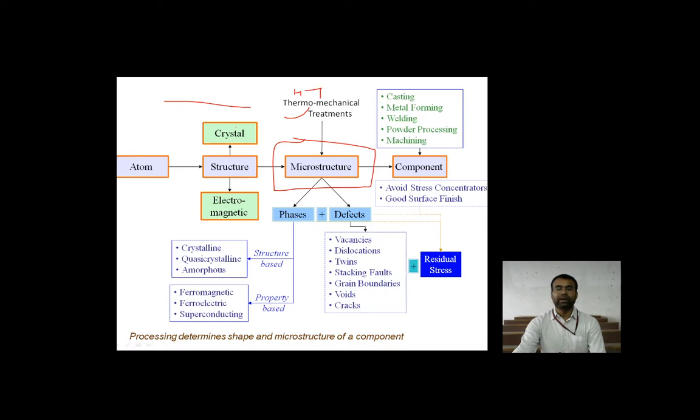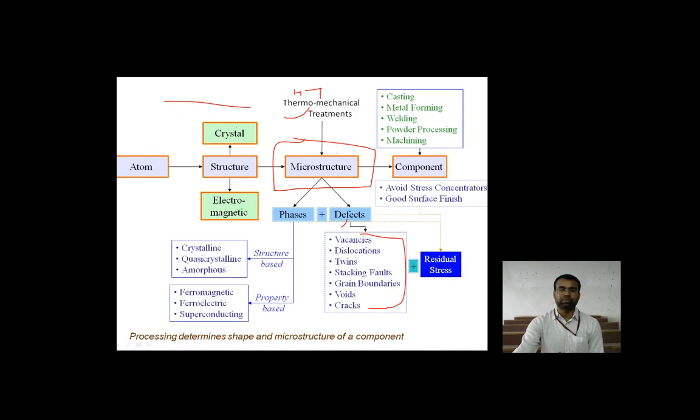By heating or cooling the material at a certain temperature, the phases of the structure start deforming because of the temperature changes, and defects also take place, leading to changes or enhancement in the properties of the material.